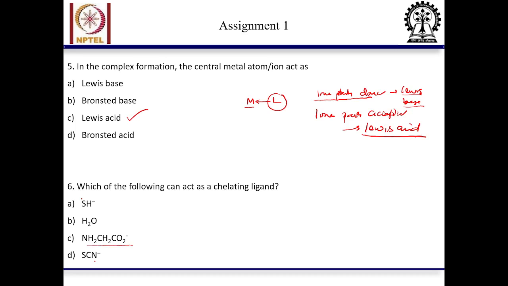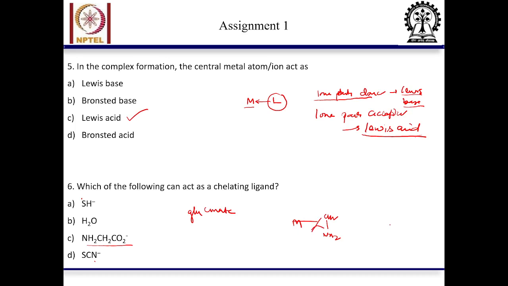But there is something special about this NH2CH2CO2 minus. This is called glycinate. So how does it form? Suppose we have a metal M, we have this NH2, we have CH2, sorry, I can write it somewhere else.